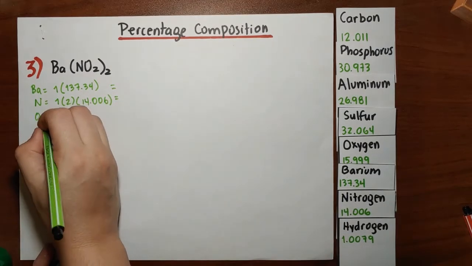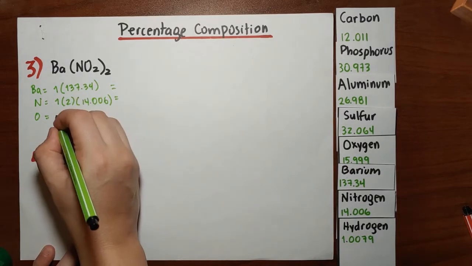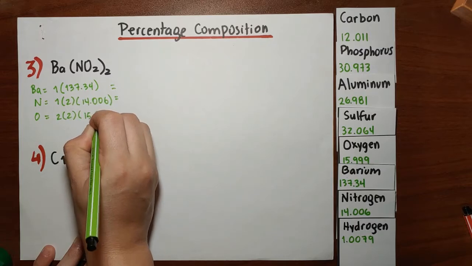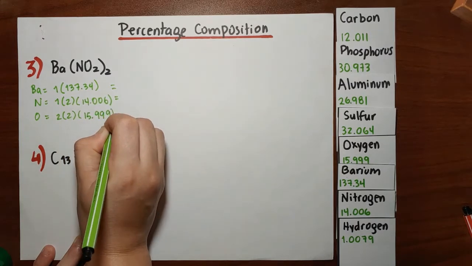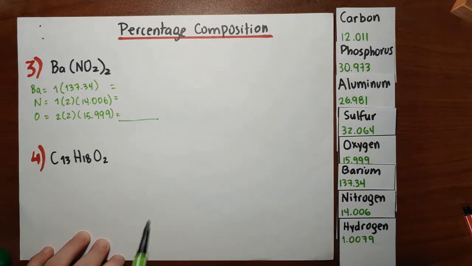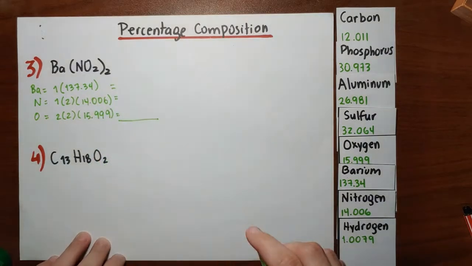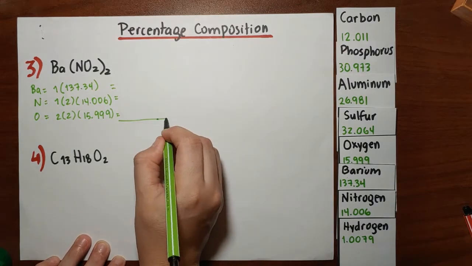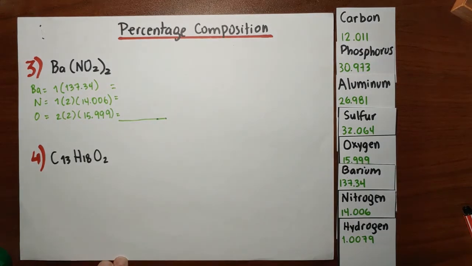And I have oxygen to be 2 inside, 2 outside, and its atomic mass, that is 15.999. Now it's time for us to multiply. I'm going to do this apart, and then I'll return to the video.